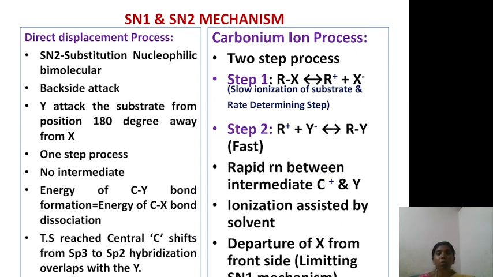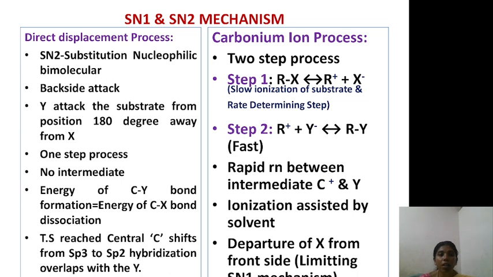In this one step process, a transition state is formed, and from it the leaving group gets detached from the whole composition, providing the product. All of this takes place in one step.